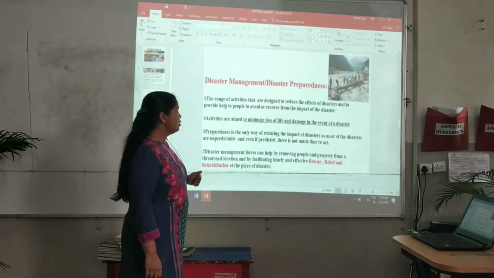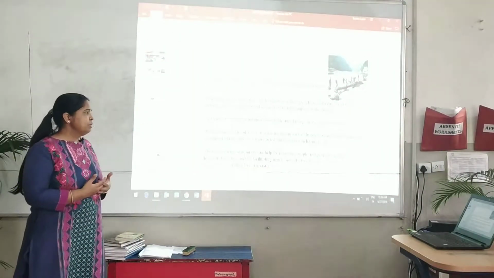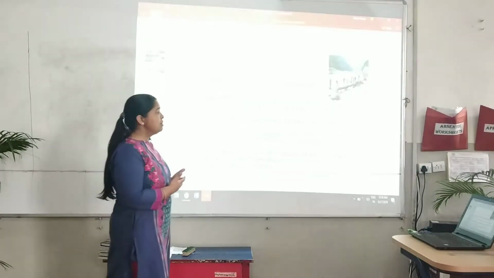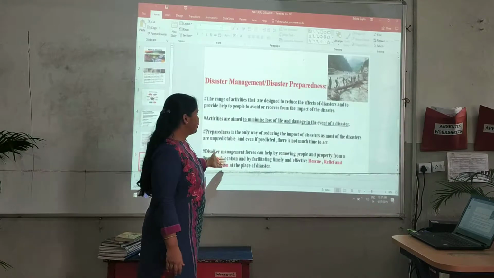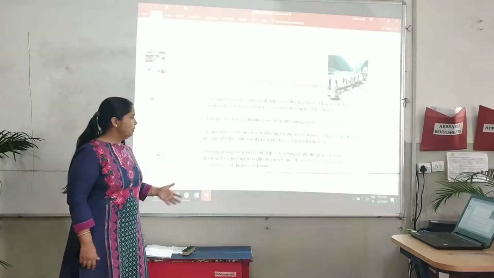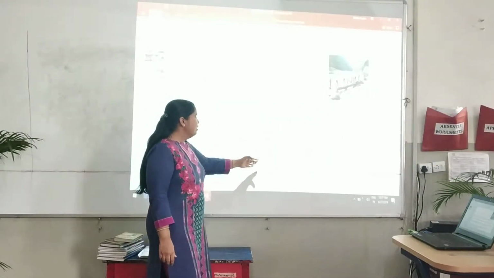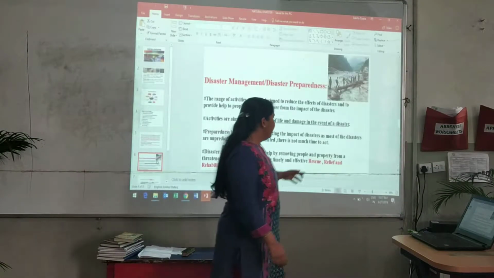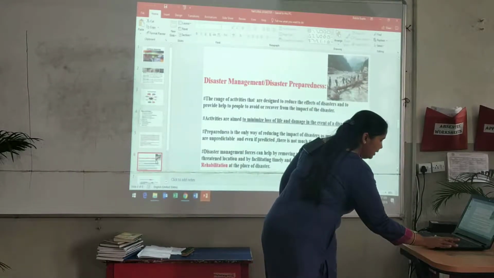Disaster management forces can help us. In our country, we have the disaster management force which helps us in removing people and property from a threatened location where there is a chance of volcanic eruption, flood or tsunami. They remove people from there to a safer area and facilitate timely and effective rescue, relief and rehabilitation at the place of disaster.